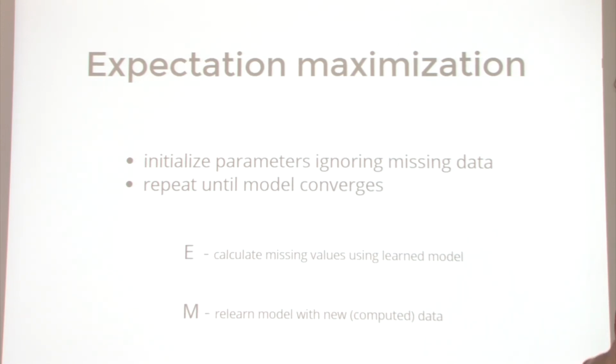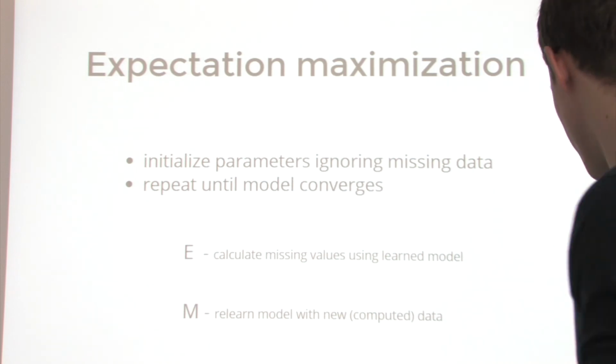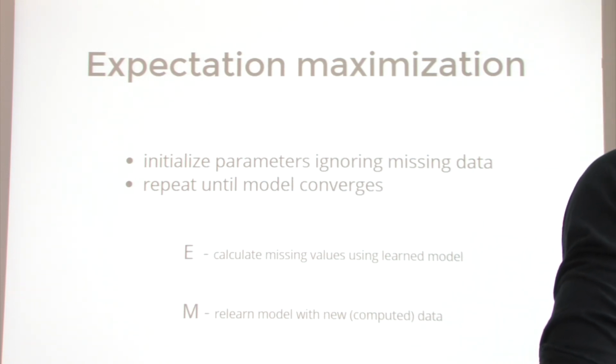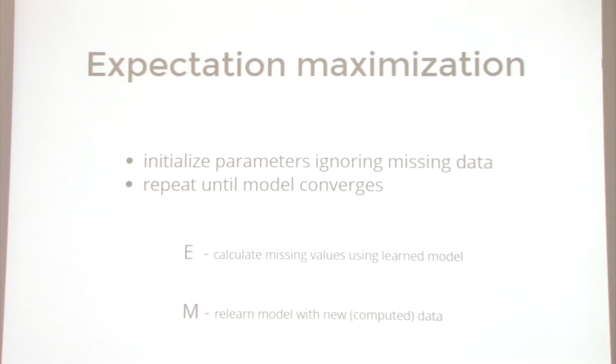You repeat this step a few times until your model has converged, which means that in two consecutive steps you predicted the same values for the values that were previously missing. So that's how you estimate parameters.